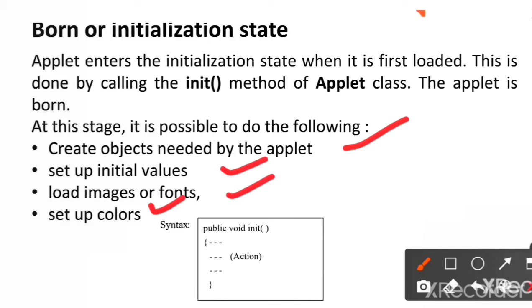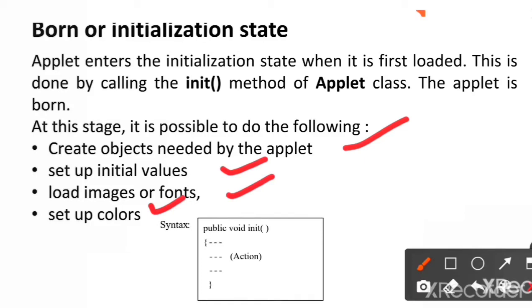The initialization occurs only once in the applet life cycle. You have to remember this. So the initialization activity is going to be performed only once in its life cycle. To provide any of the behaviors mentioned above, we can override the init method. The syntax or the basic structure of the init method is shown here.